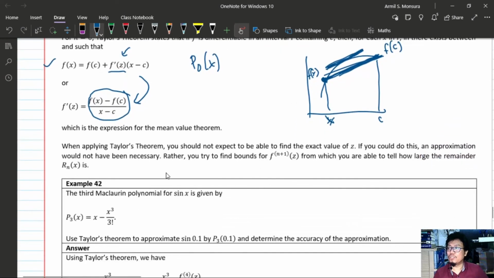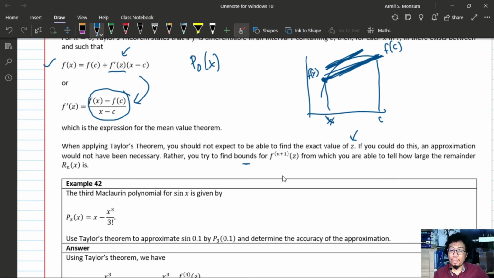When applying Taylor's theorem, you should not expect to be able to find the exact value of z. We don't know that value of z. If you could do this, then an approximation would not be needed. What we would like to find is bounds, especially an upper bound.